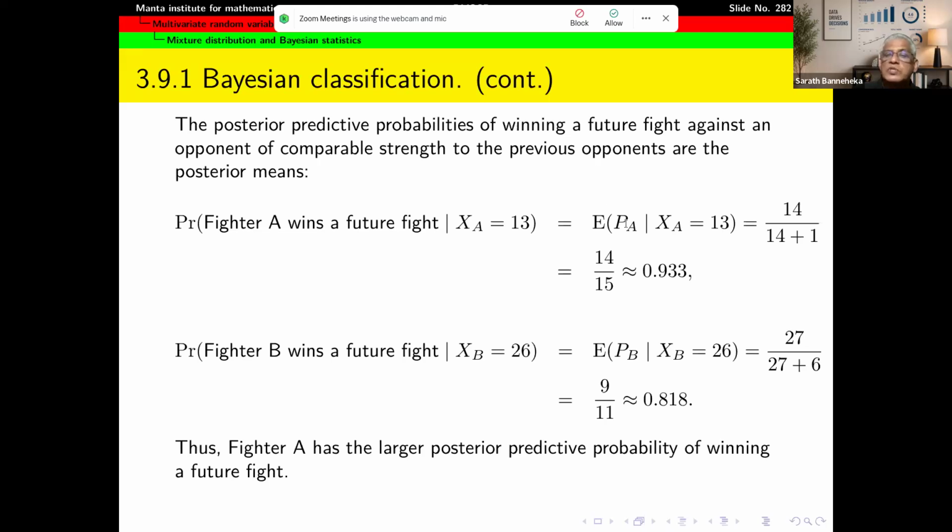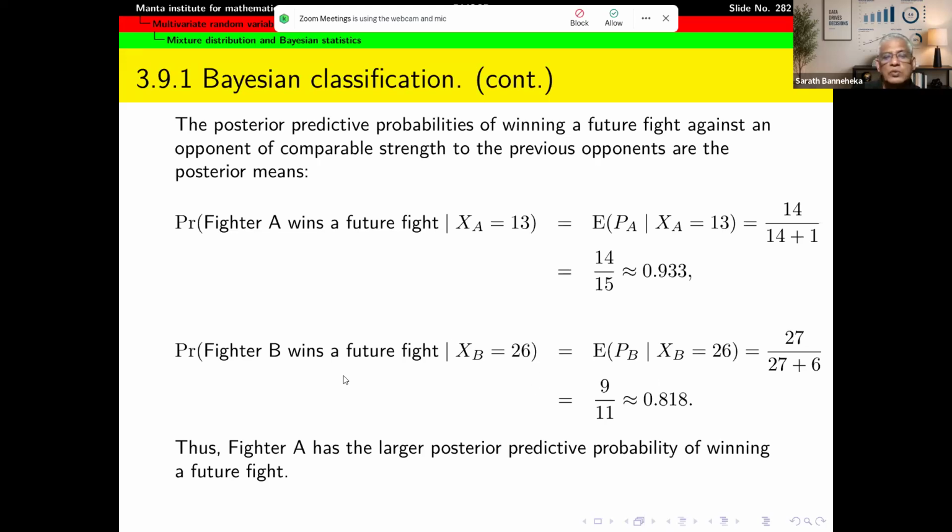Now, because the posterior distribution is a beta distribution, using the knowledge that we have about beta distributions, we can directly get the mean of the beta distribution. It's going to be alpha divided by alpha plus beta. Therefore, the posterior expected value for PA is 0.933, and the posterior expected value for PB is 0.818.